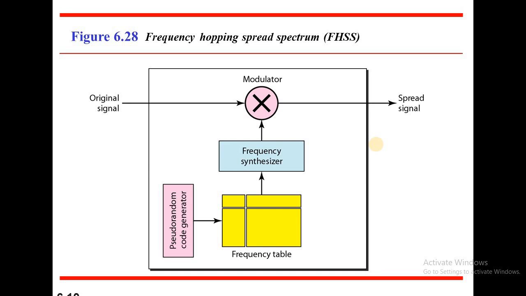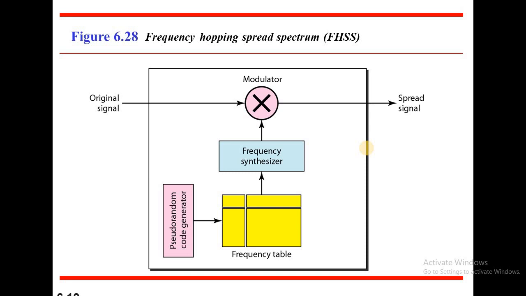In the above diagram, for transmission, binary data are fed into the modulator using some digital to analog encoding scheme such as frequency shift keying or binary phase shift keying. A PN source serves as an index into a table, and each k bits from the PN source specify one of the 2^k carrier frequencies.